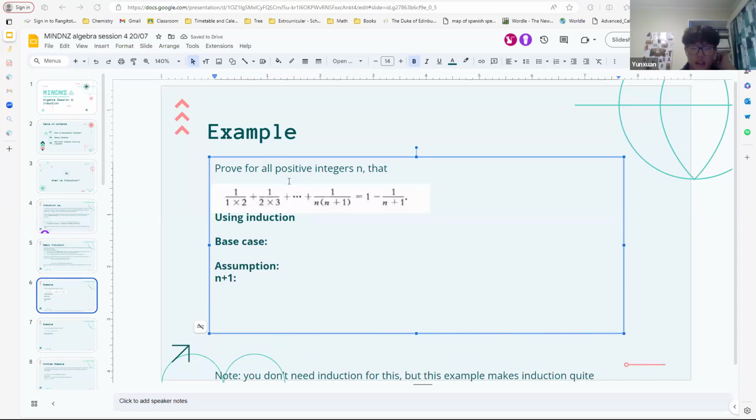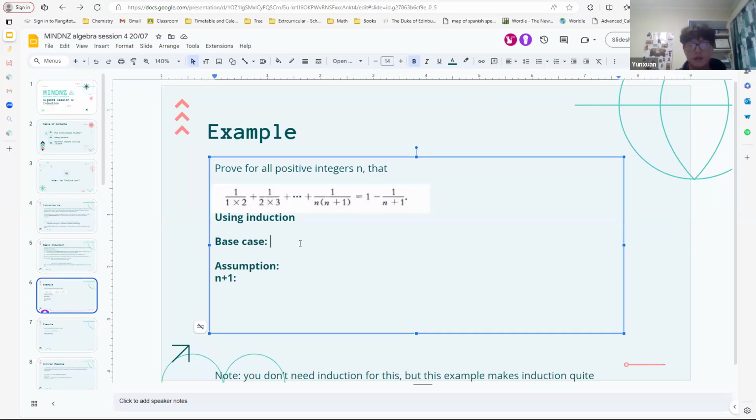Okay, does anyone have any idea on how to do this? Can you tell me in chat?